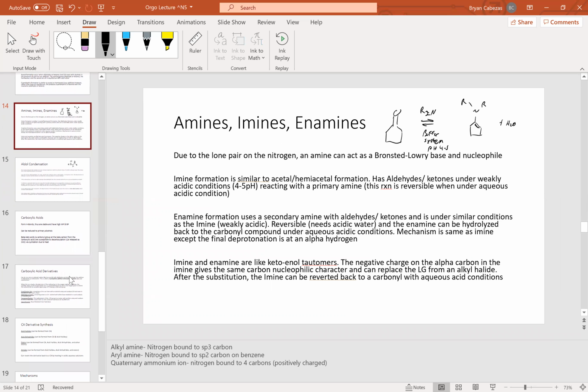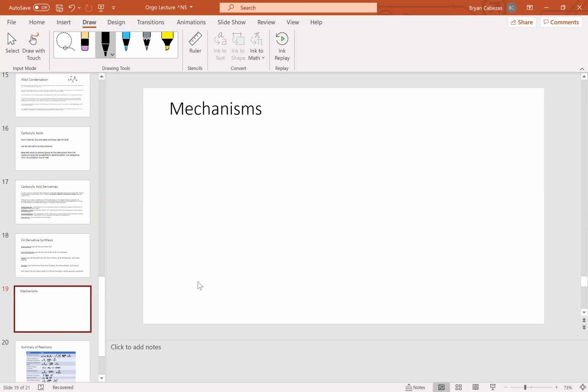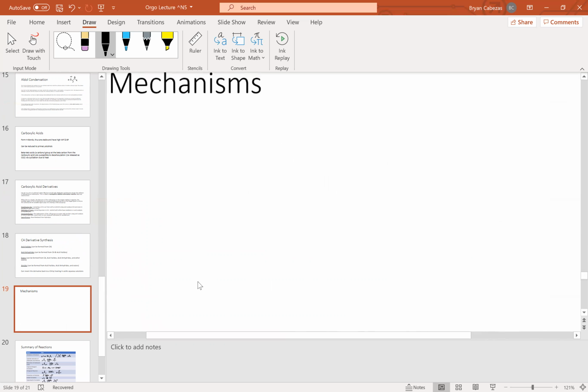Let me show you the mechanisms before we continue on. Most of this is just carbonyl mechanisms. We have to make sure the oxygen on the carbonyl becomes protonated, so that the carbonyl carbon is a good electrophile for attack. Let me show it to you and explain it. Remember, we're in acidic solution for these reactions.